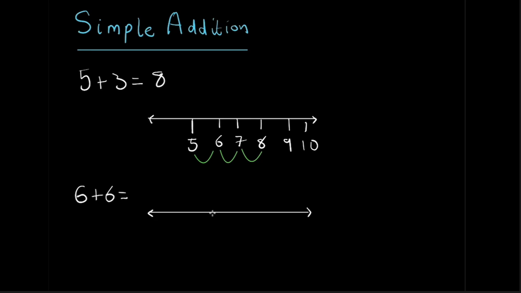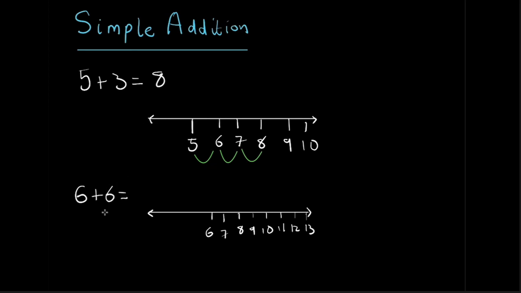So we'll go from 6, 7, 8, 9, 10, 11, 12, 13. Okay. So the second number always means the amount of steps we need.